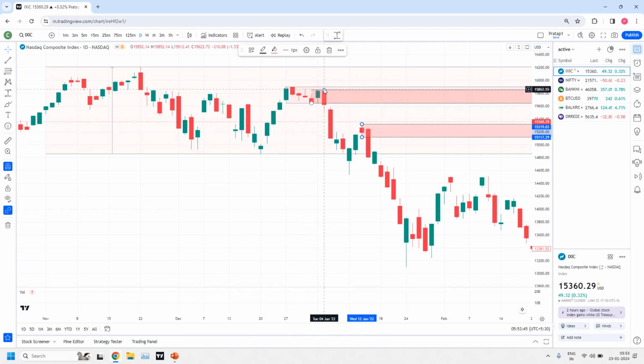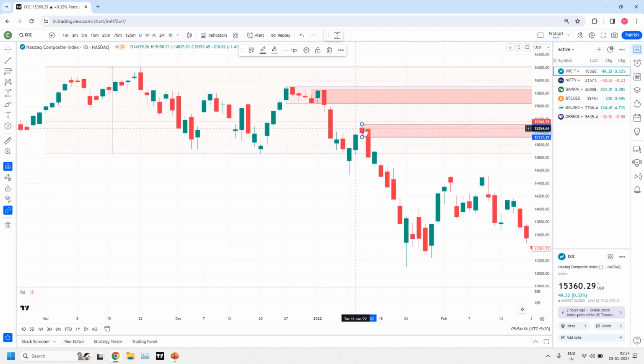The difference is here daily is overlapped with weekly and weekly is overlapped with monthly. But what is the second example? Here daily is not overlapped with weekly, and daily is directly overlapped with monthly. That is the difference between these two zones.